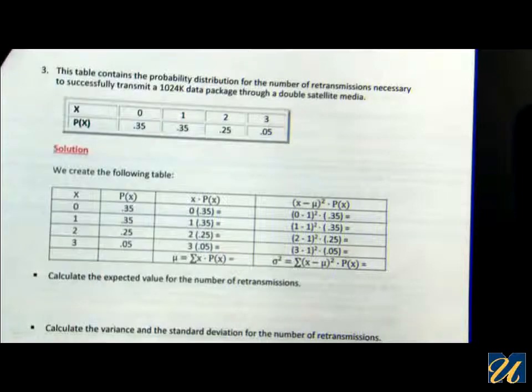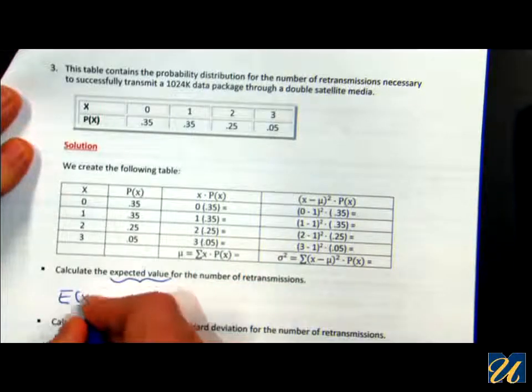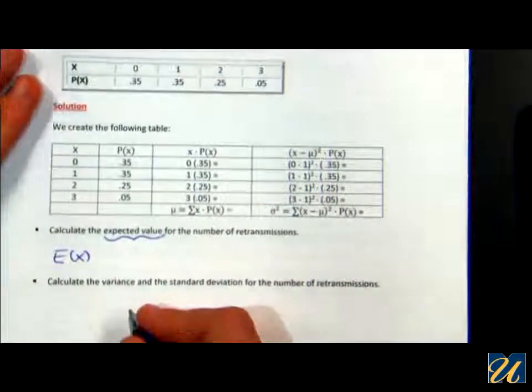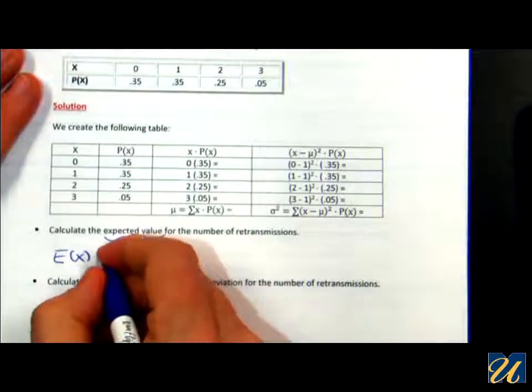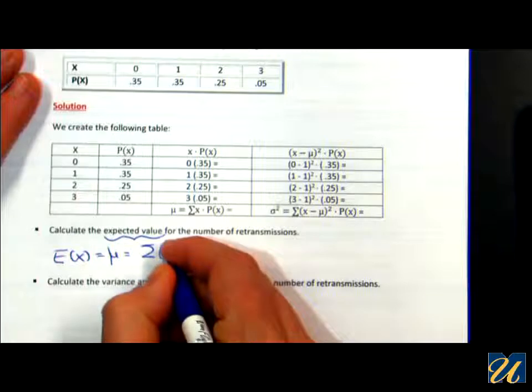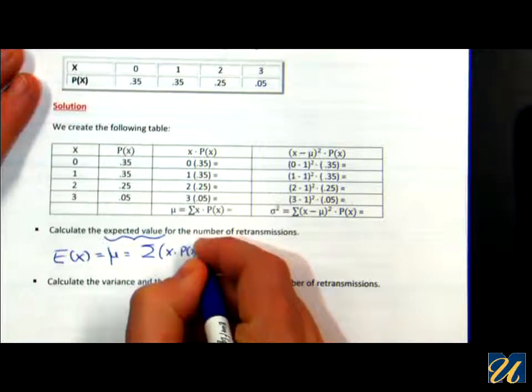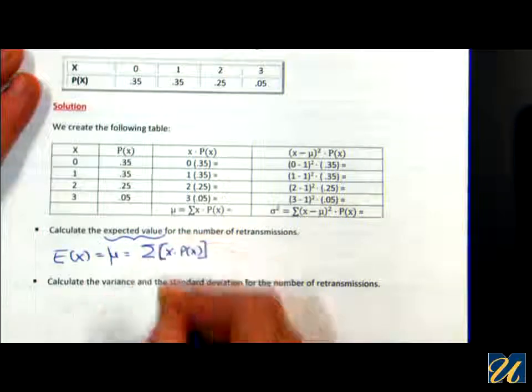When you have this type of discrete probability distribution, to find the expected value, E of x, or mu in other terms, you will have to take the sum of x times p of x, basically.